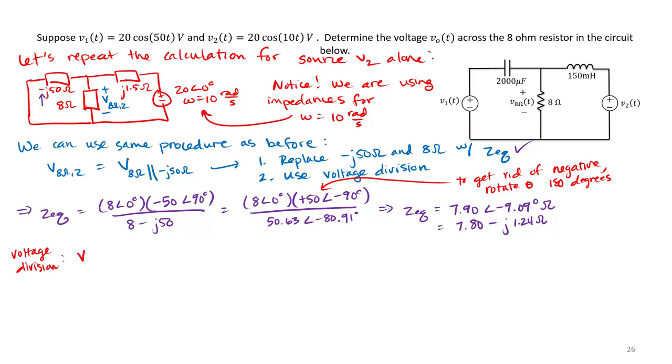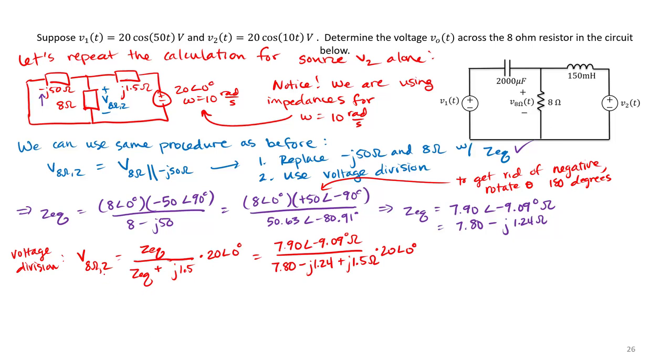If we do our voltage division with our Z equivalent and our J1.5 ohm impedance, we get the following, and this whole thing simplifies. Finally, we determine that our voltage across the 8 ohm resistor from source V2 is 20.24 angle negative 10.94 volts.